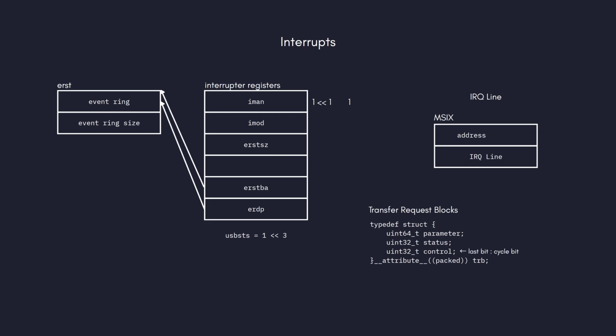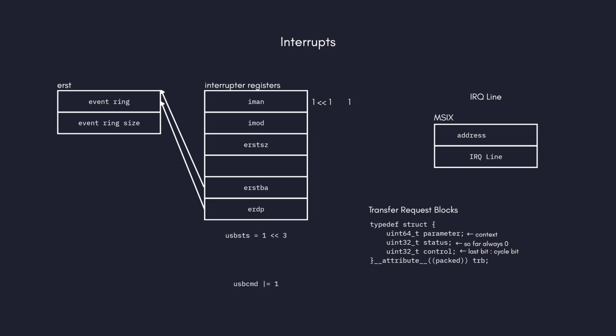The cycle bit that I mentioned before is the last bit of the control. This is where we write a 1 at first, and then once we go all the way around the structure, we start writing zeros. Then we care about the parameter. Depending on which type of TRB this is, we're going to want to provide some context, which is usually provided in the form of a pointer, and we put that pointer in the parameter. Then we indicate the type of transfer request block that this is in the control itself. And then there's status. So far, I've always written a 0 to the status. I do know it has a meaning, I just haven't used it. I haven't needed it so far.